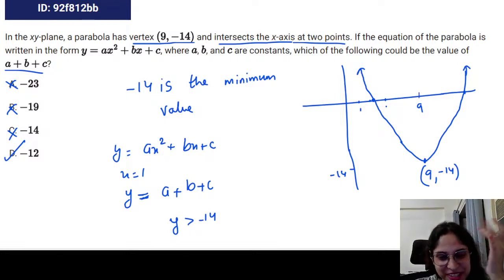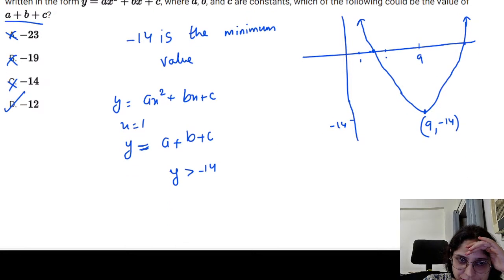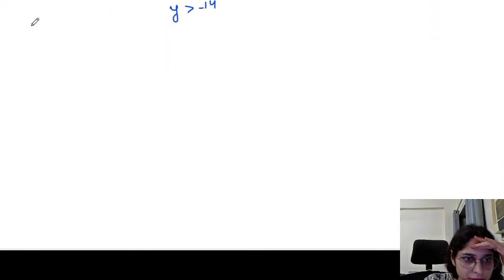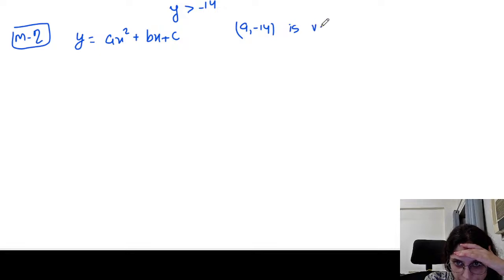Okay, I will tell you what they are trying to do. You have y equal to ax squared plus bx plus c. (9, -14) is the vertex, which means it is a point on the parabola.